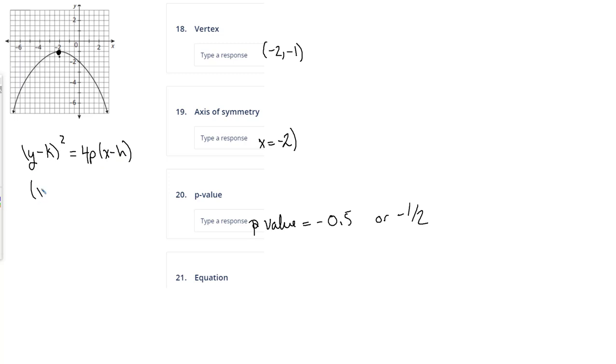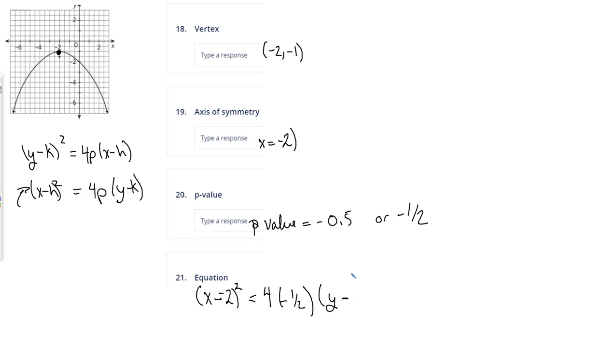or is it going to be x minus h squared equals 4p times y minus k? It's going to be the x squared. So x minus a -2 squared equals 4 times, what was our p, times y minus k.